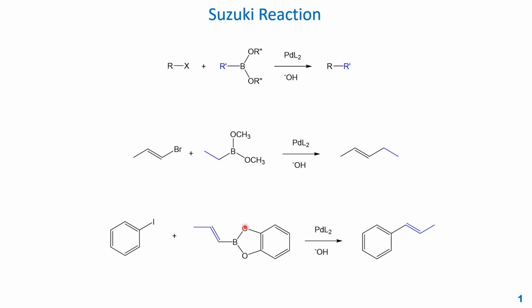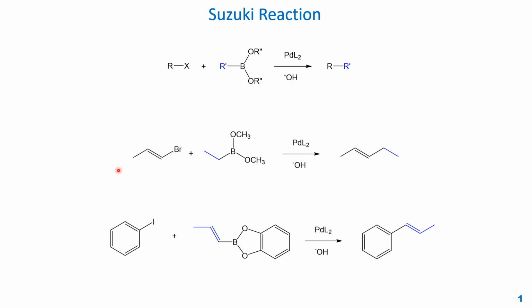And then the coupling between this phenyl and this vinyl group will form the new product, which is styrene. So you can see the single bond between this carbon and that carbon formed here. So another cross-coupling reaction.